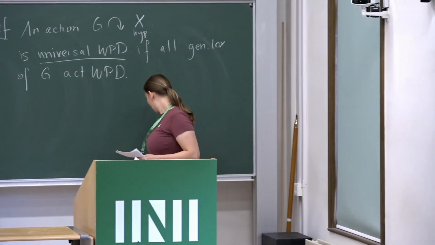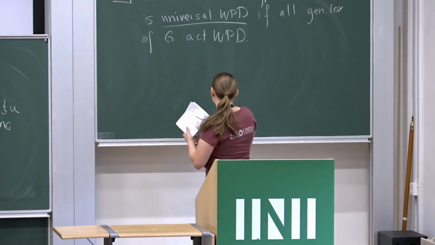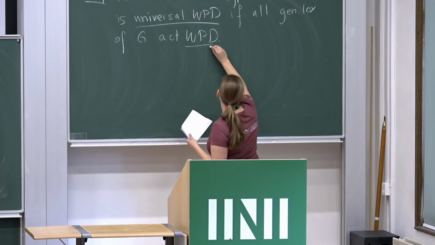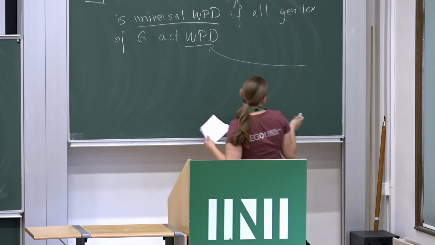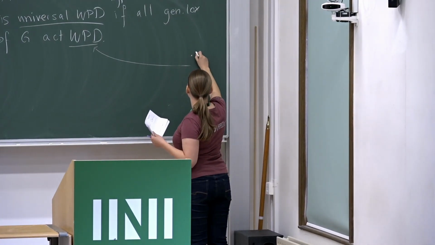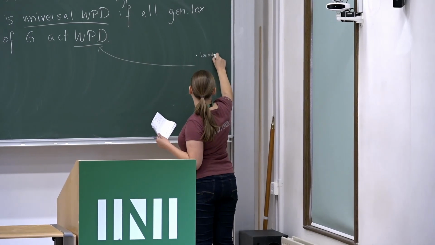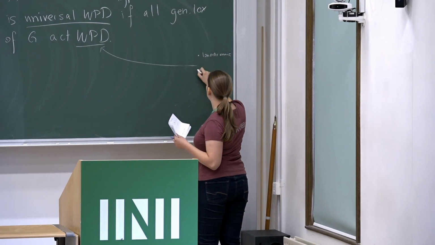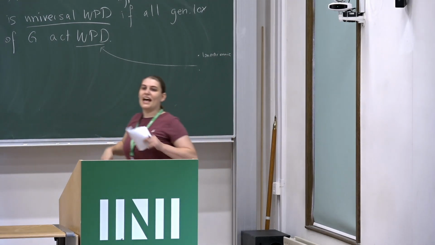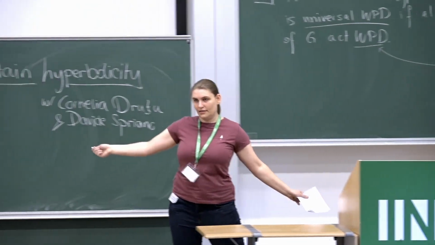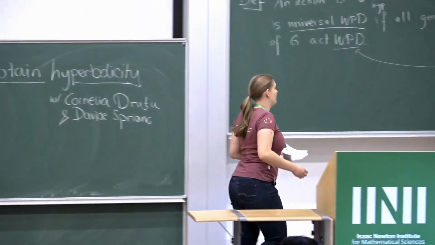And what does it mean to be WPD? This means, roughly speaking, two things. First, we want it to be loxodromic, and secondly, we want it to be acylindrical along the axis of this element.